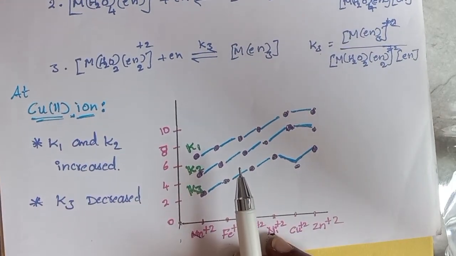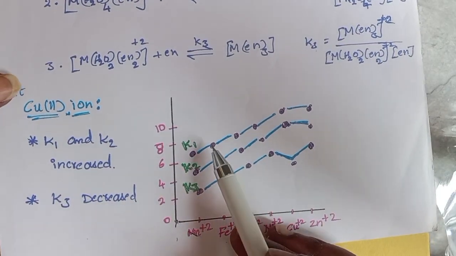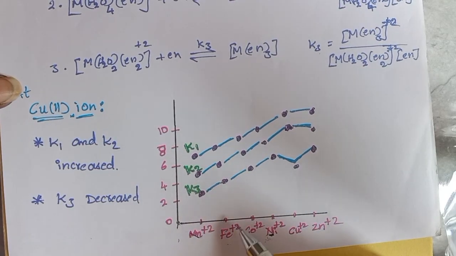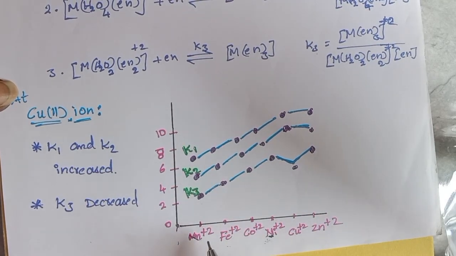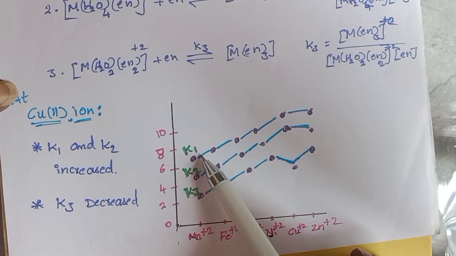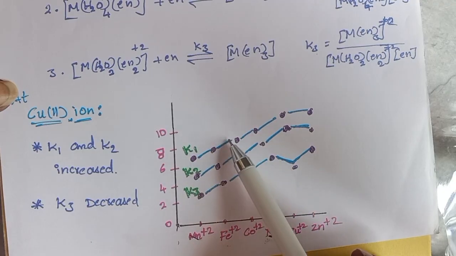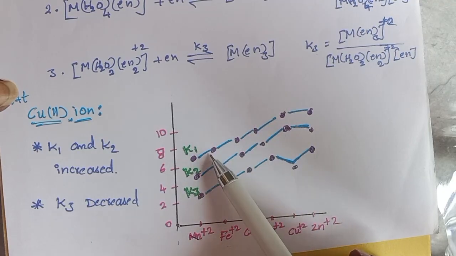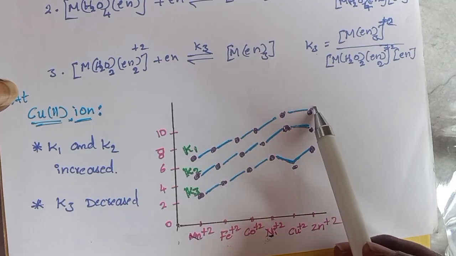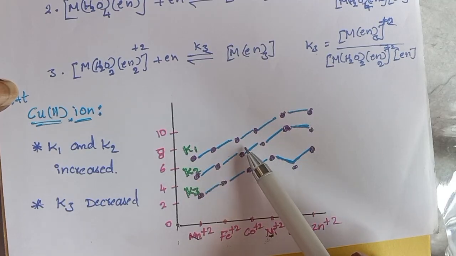If we see the graph of K1, K2, K3 for the different metal ions, manganese, iron, cobalt, nickel, copper and zinc: the K1 profile increases from manganese to iron, iron to cobalt, nickel, copper and zinc, and K2 goes in the same fashion.